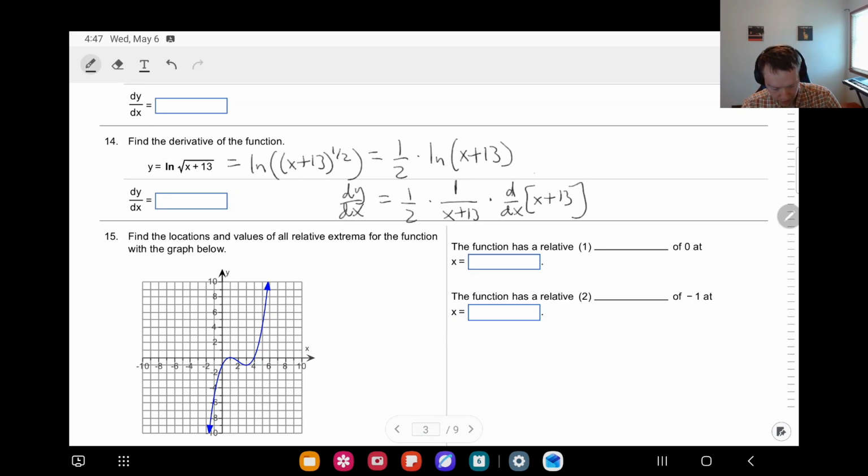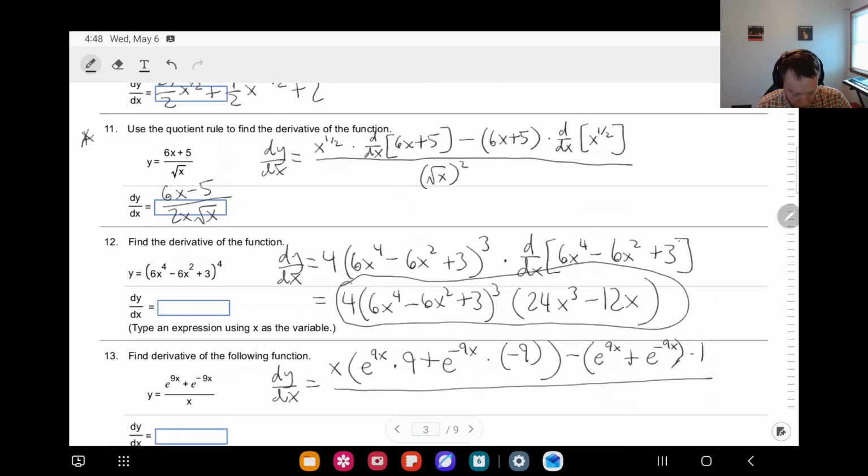Well, this turns out to be just 1. So it didn't really matter, but you just want to be able to understand what I did. So really, these two come together, and we can report our answer as 1 over 2 times x plus 13. Let me double check something real quick. Okay.